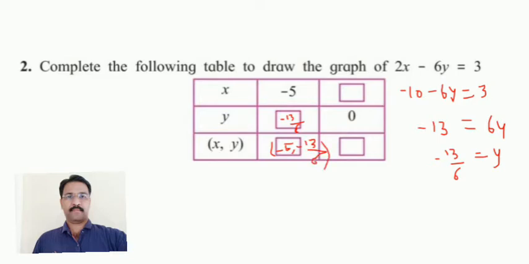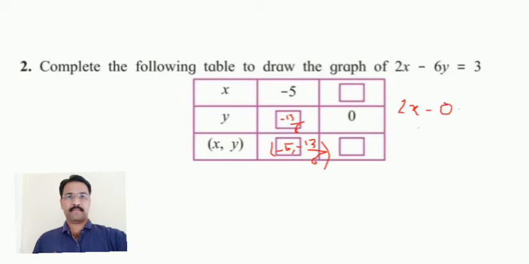Now similarly, if we put the value of y equal to 0, see here, what is the value of x? Straightaway put the value of y equal to 0. See what will come here now. 2x minus 6 into 0, it is 0 only, which is equal to 3.